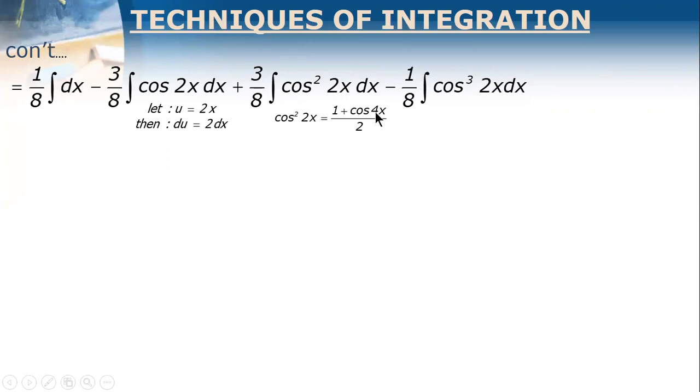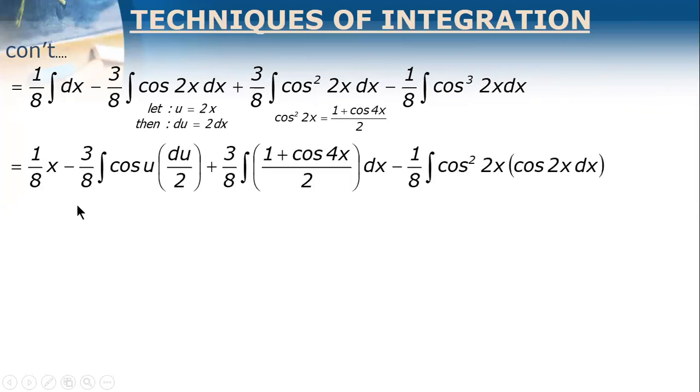Okay? And then for this one, this is case 1. Since the exponent is odd, the technique here is you extract 1 and then separate the remaining power of cosine, like this one. Integral of dx is x minus 3 over 8 cosine u. dx is du over 2, plus 3 over 8, and then you have this identity dx.